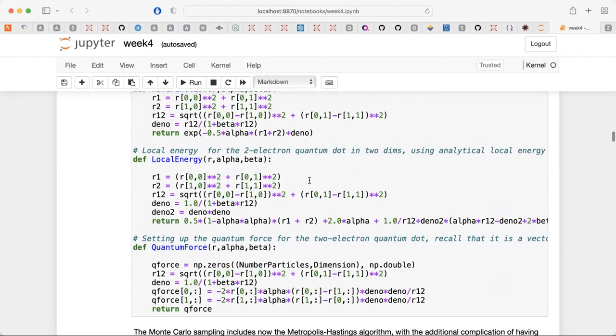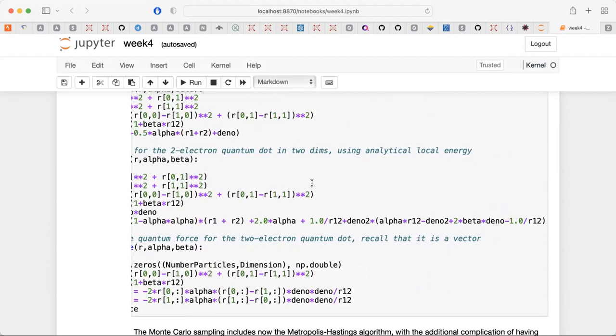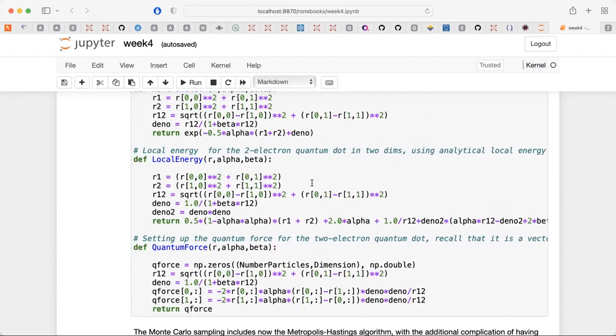Then I have the local energy. In this particular case, what I've done is to set up the analytical expression for the local energy. I could have computed the kinetic energy numerically, but now I'm simply setting up my local energy.